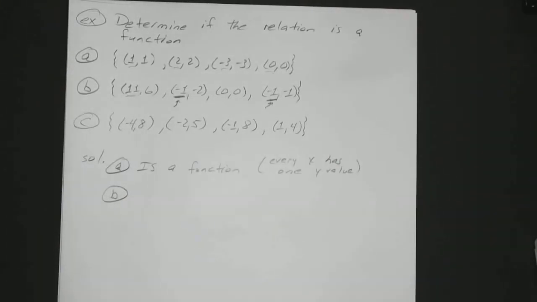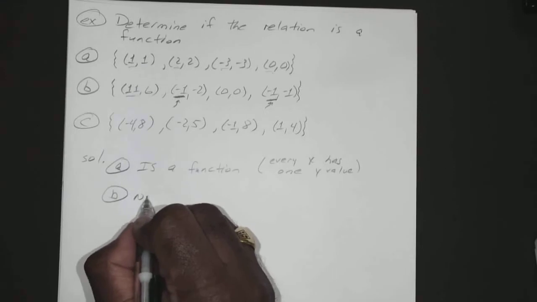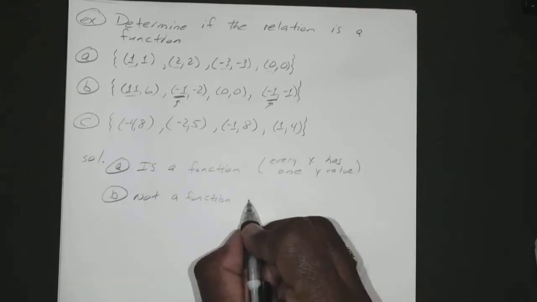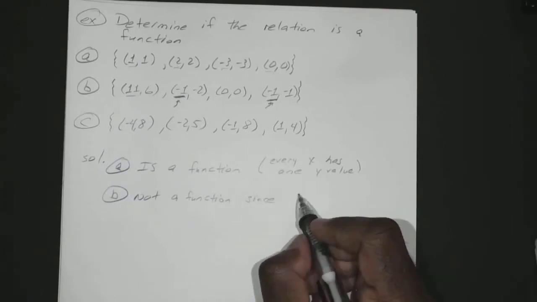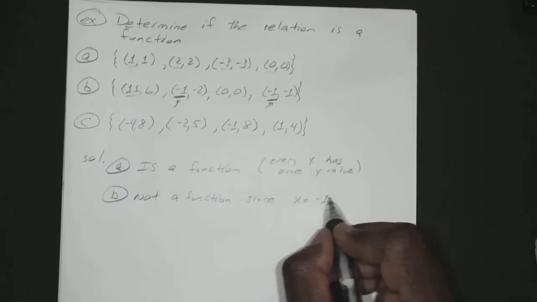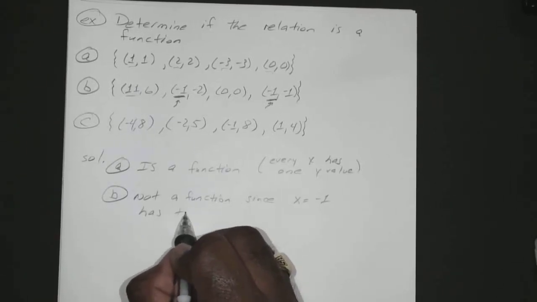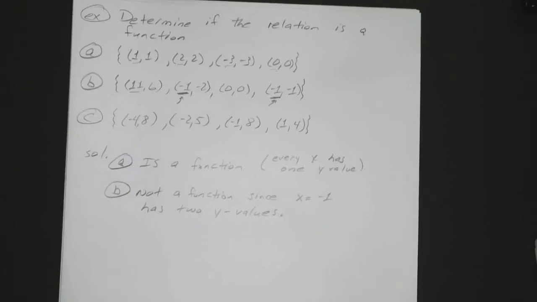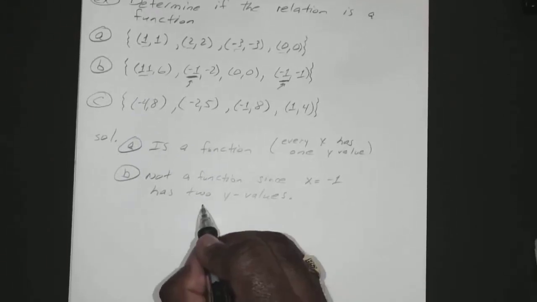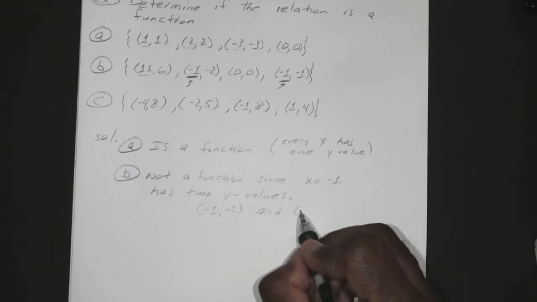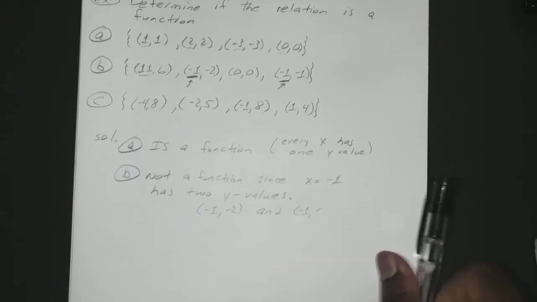So that one's not a function, since x equals -1 has 2 y values. And that's your (-1, -2) and (-1, -1).